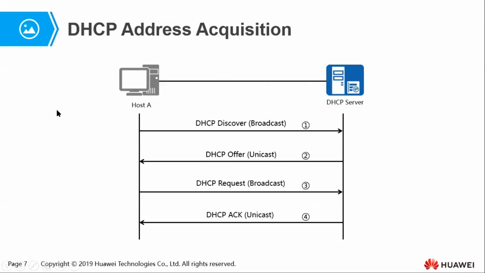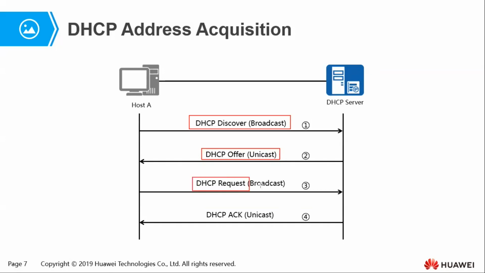Okay. So when you connect your device to the network, it will send out a broadcast packet known as the DHCP Discover. All the DHCP servers that are on your network will reply with a DHCP offer, which is a unicast.